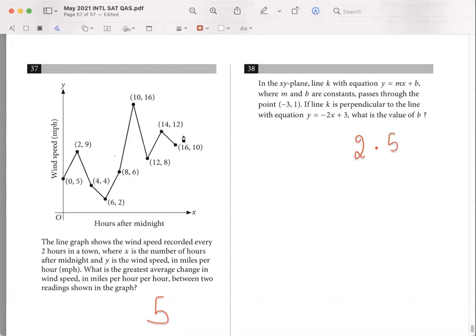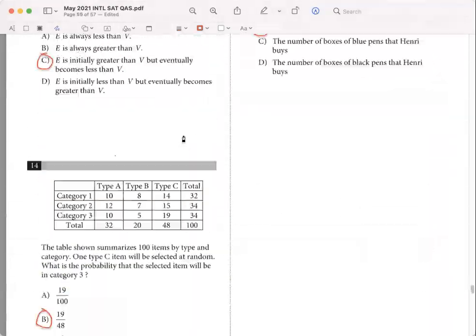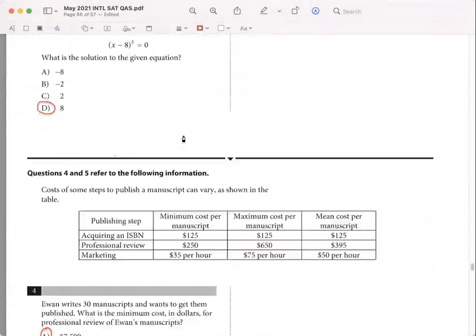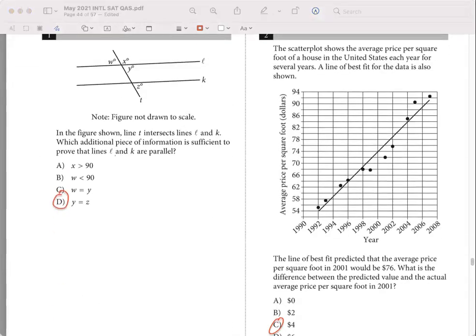Okay, so that was the section. Let's grade our answers now. From here, I have the answer key. Yeah, this is the answer key for calculator. DCDAB.